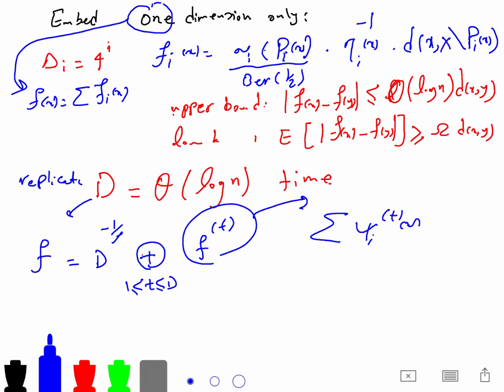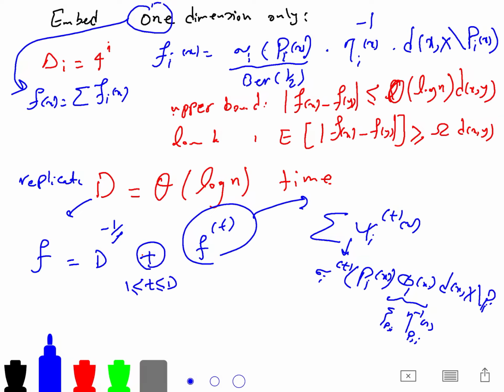That in the paper, psi_i is defined by sigma_i of t. So it's nothing new. Phi_i of x. Instead of phi_i of x, we can write P_i, eta minus 1 of x, and d of x excluding pi of x.